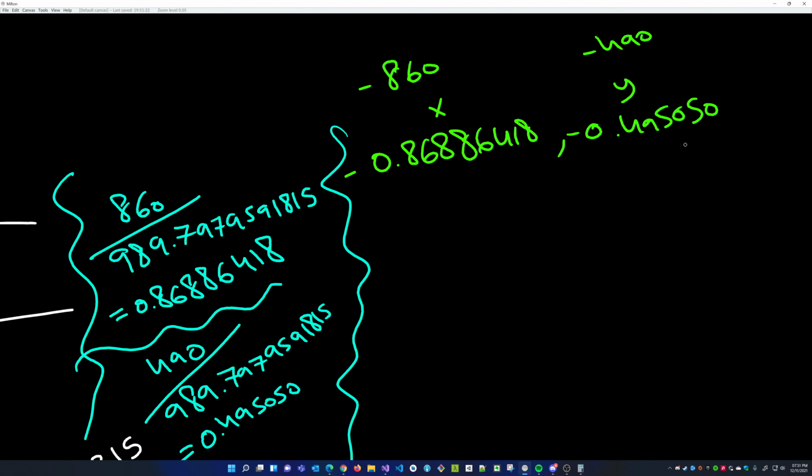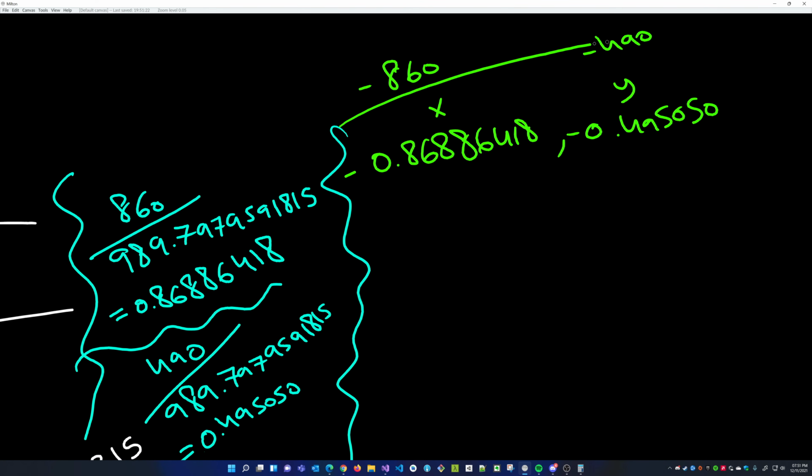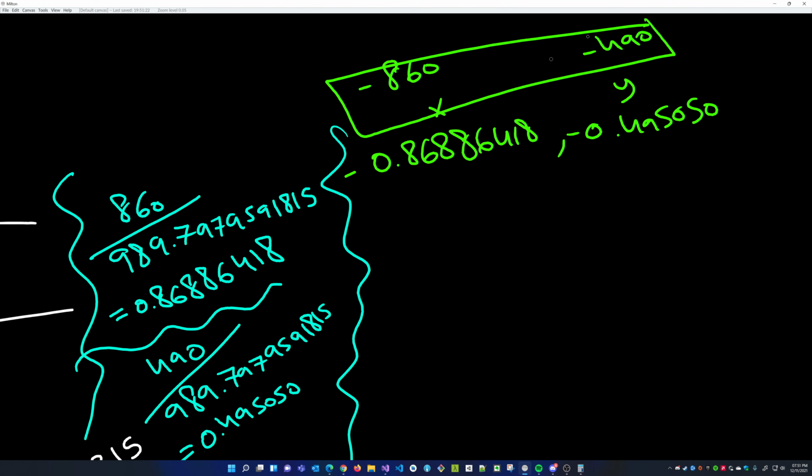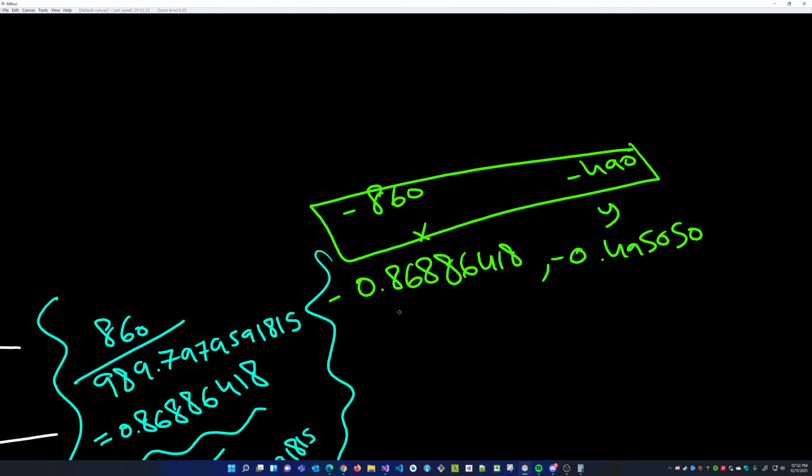Now it's this long. Now, in order for you to check if this is a unit 1 vector, essentially what you do is find the magnitude. So this is my vector here, and I need to find its magnitude, right? We found the magnitude of the previous vector before, with this operation over here: 989.7979591815.